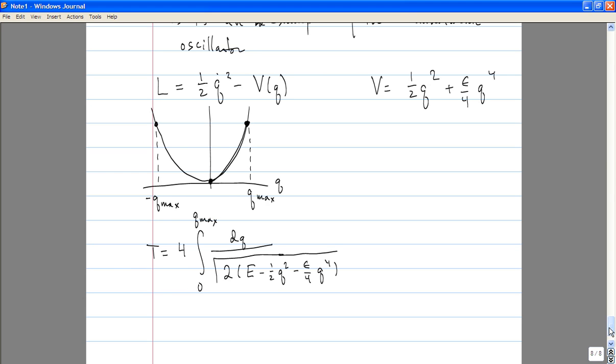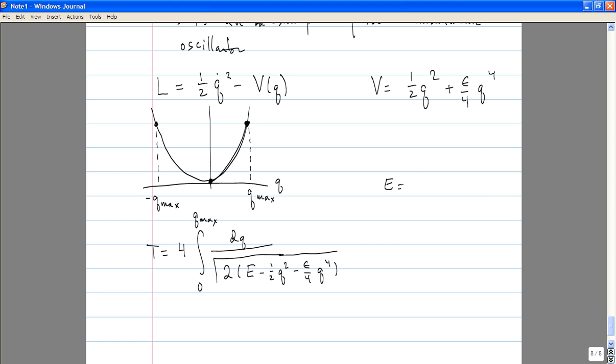And what is the energy here? Well, because we're looking for a solution where the system is at rest at Q equals Qmax, the energy is just the potential at Q equals Qmax.